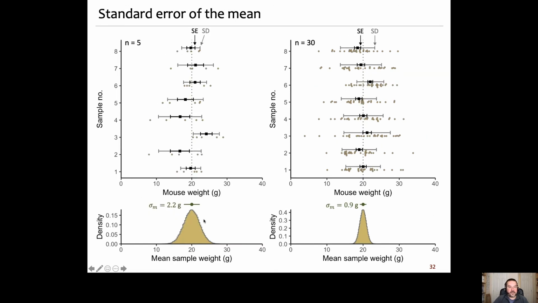This is the comparison of these two thought experiments. And now I specifically show where the mean is, where the standard error is, which is the black arrow bar, and standard deviation, which is a gray arrow bar. Standard deviation represents spread of data and doesn't depend on the sample size.